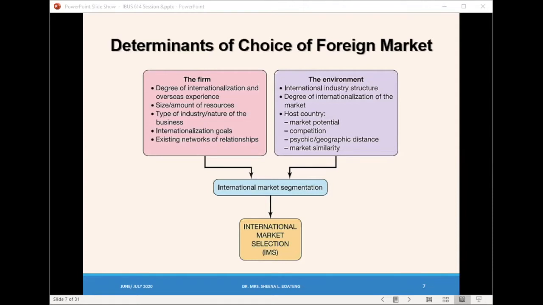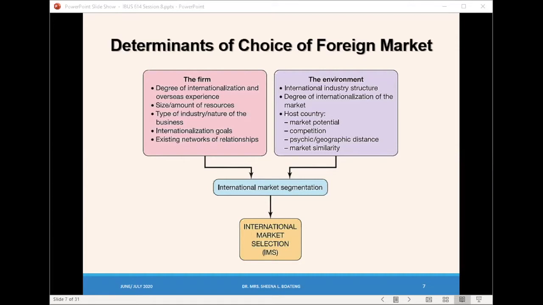So apart from the level of experience that a firm has when it comes to internationalization and overseas marketing, they also need to consider the size and amount of resources that they have to be able to effectively take advantage of this international opportunity that they have identified.